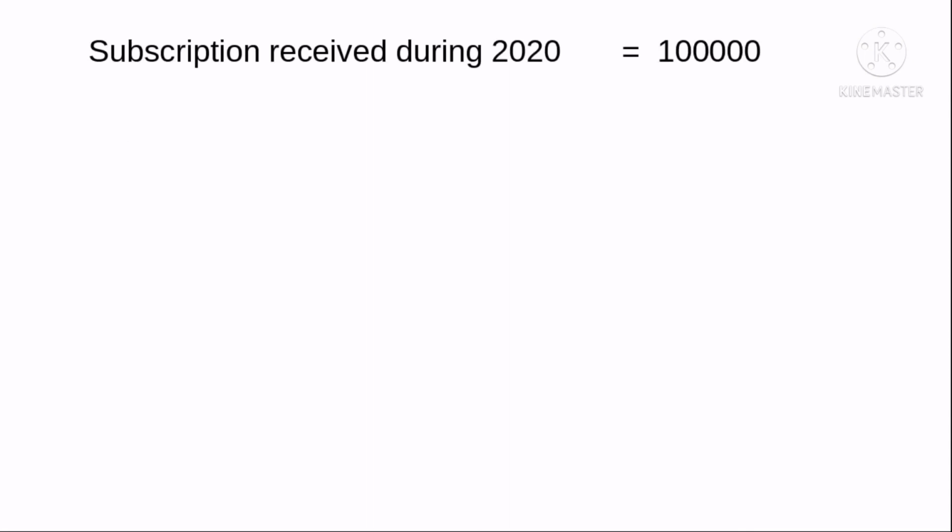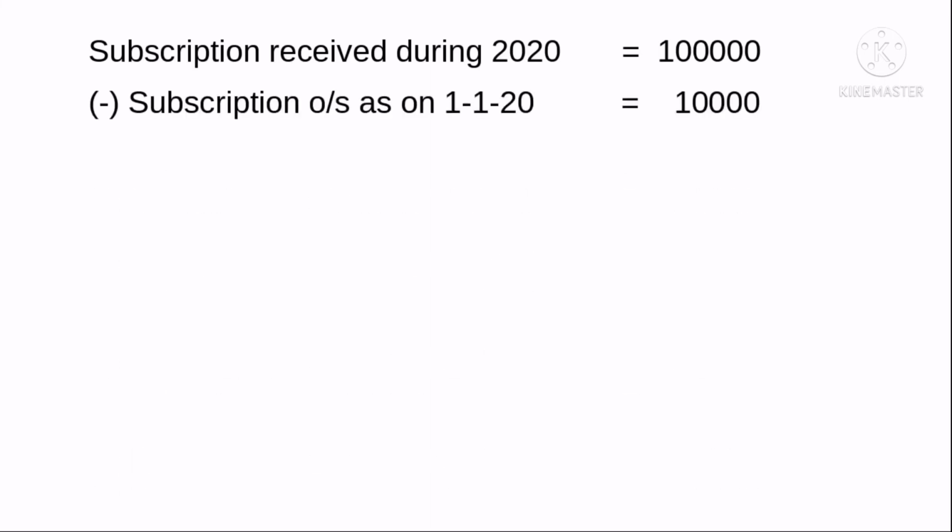Subscriptions received during the year 2020 rupees 1 lakh. And the first adjustment is subscription outstanding at the beginning. I told you it will relate to the previous year. That should be deducted. So, less subscriptions outstanding as on 1/1/2020 10,000. Balance rupees 90,000. Next one is subscription outstanding at the end.